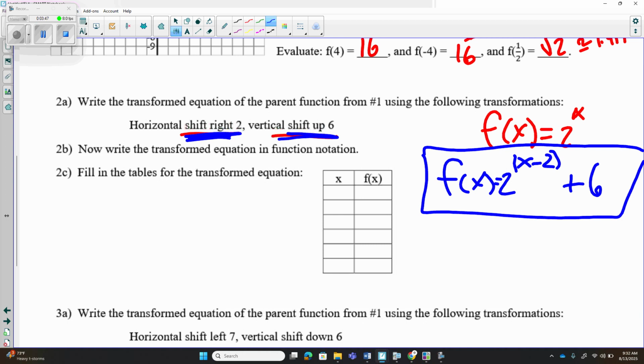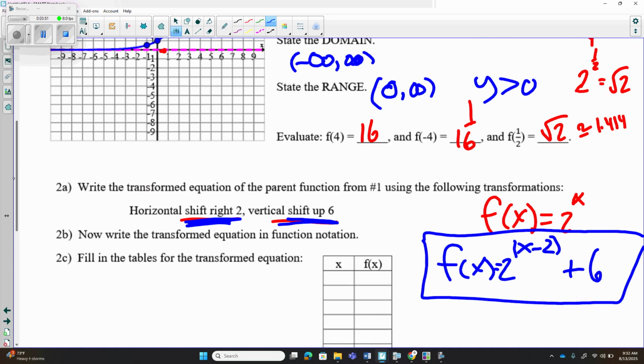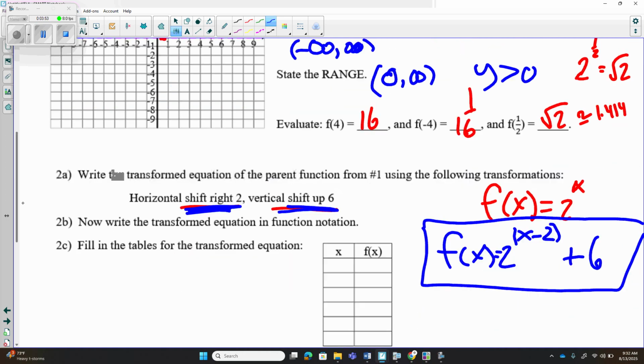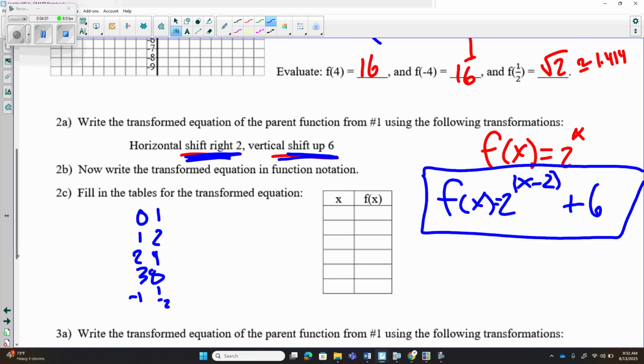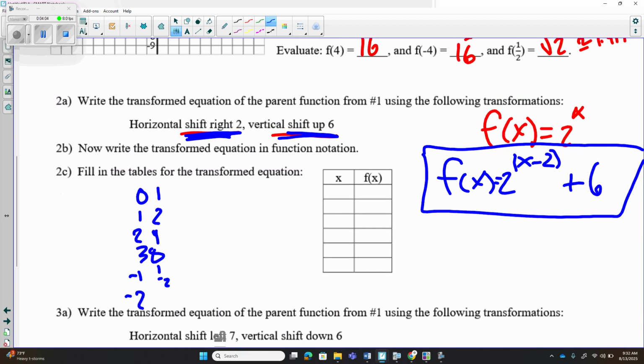All right. Now your new table values. Our original table values were, let's see if I can remember them. I think we had 0, 1, 1, 2, 2, 4, 3, 8. Negative 1, 1/2, and negative 2, 1/4. All right. So in this case, I'm moving it right 2. So I'm going to take all my x values and add 2 to them.